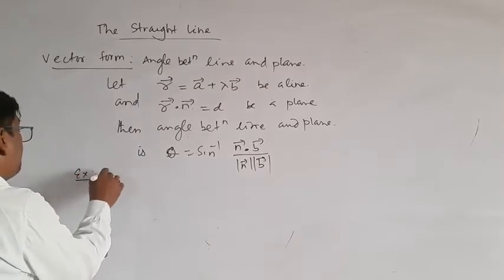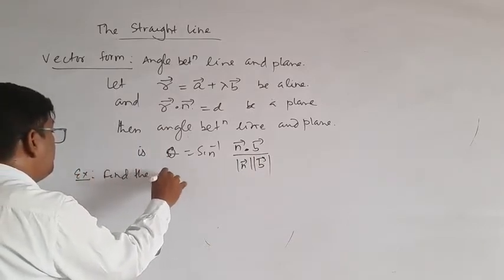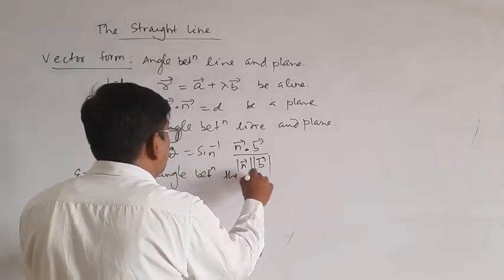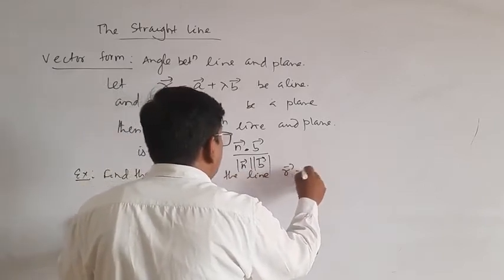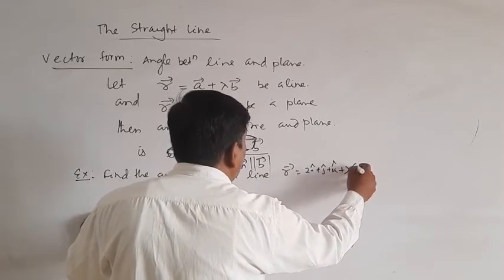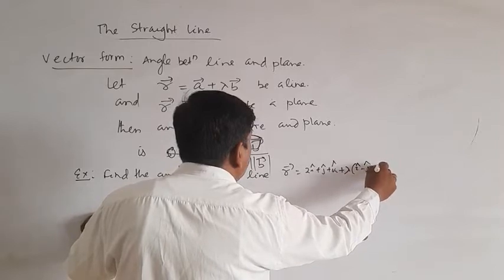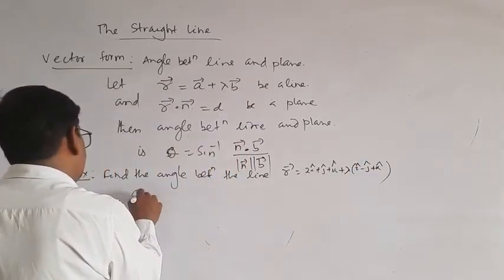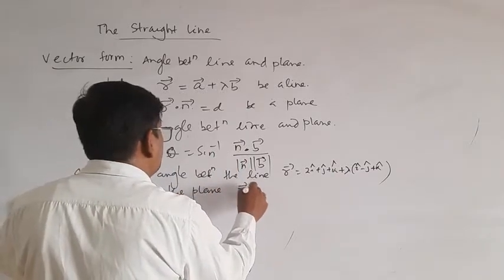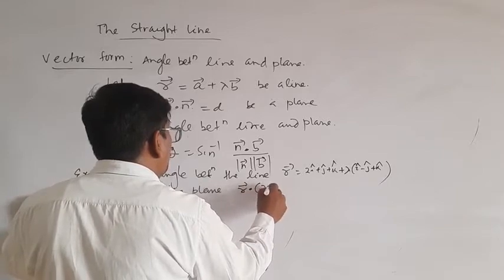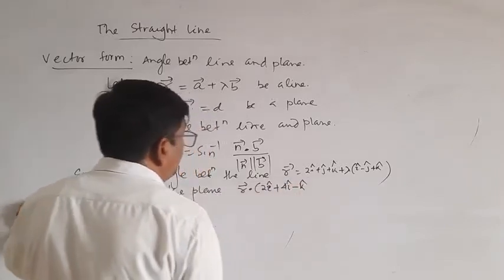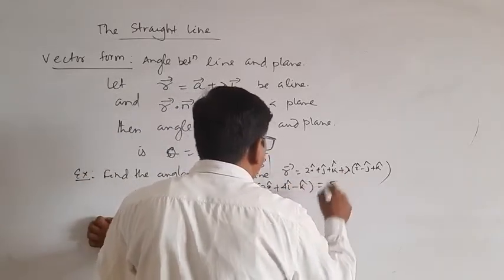Now one question, for example: find the angle between the line r vector is equal to 2i plus j plus k plus lambda into (i cap minus j cap plus k cap) and the plane r dot (2i cap plus 4j cap minus k cap) is equal to 5.